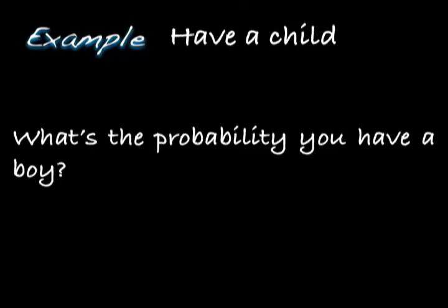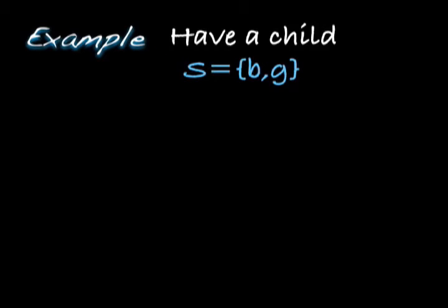When you have a child, what's the probability that you have a boy? There are two outcomes associated with having a child. The outcome of having a boy or the outcome of having a girl. The event of having a boy consists of the one outcome, the little b.